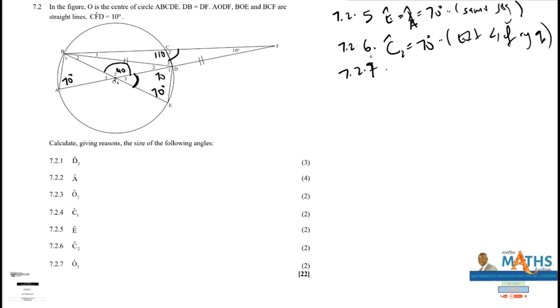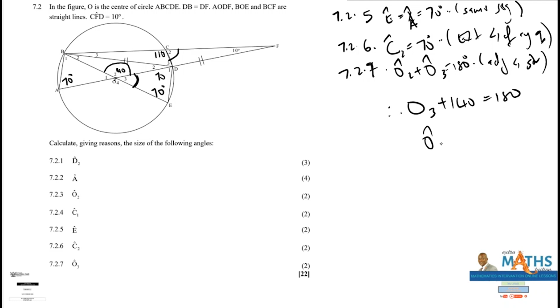But let me go with the angles of a straight line. It means O2 plus O3 is equal to 180. Why are we saying so? It's an adjacent angle of a straight line. Therefore, O3 plus 140 is equal to 180. Then what is O3? It will be 40 degrees.